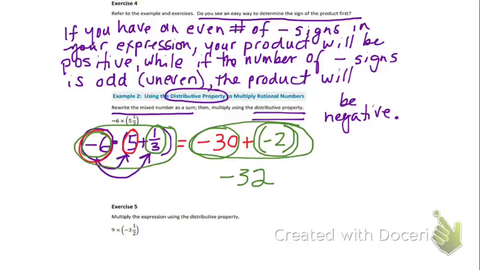It is something you are going to see over and over again in algebra: problems that employ the distributive property. Now we're going to do exercise 5, multiply the expression using the distributive property, same idea. I just want to show you how this would more commonly be seen.